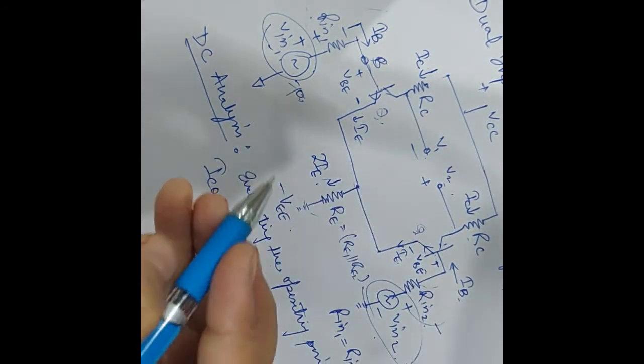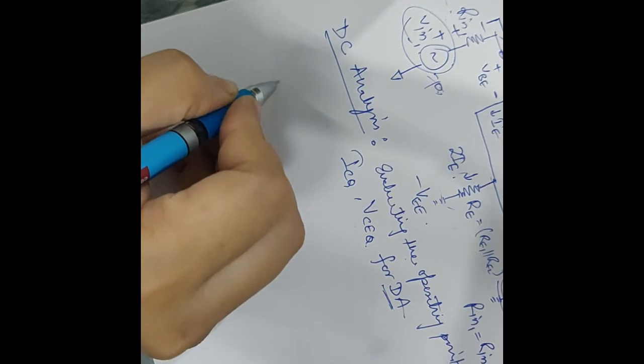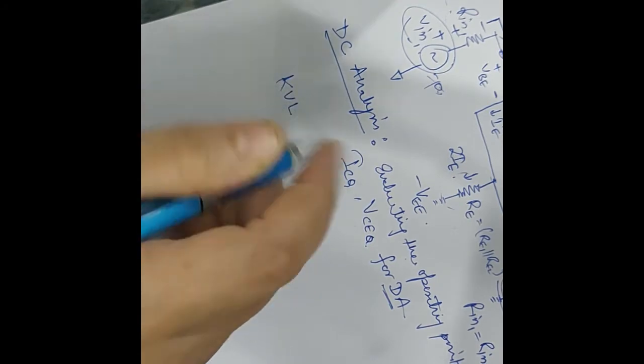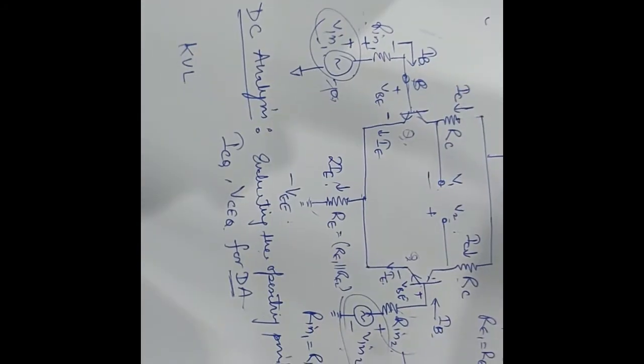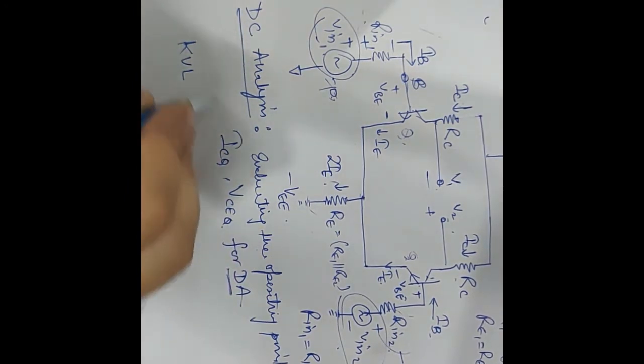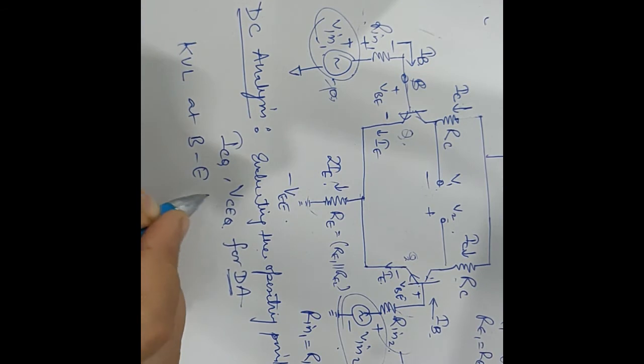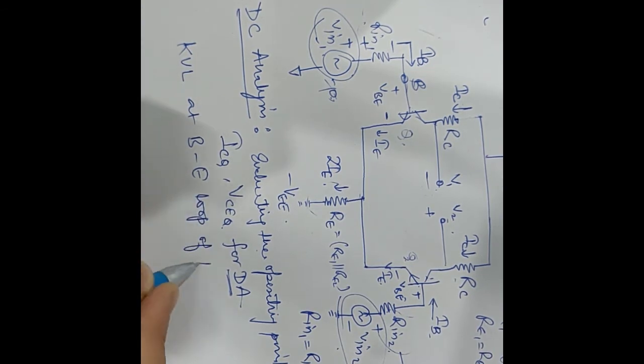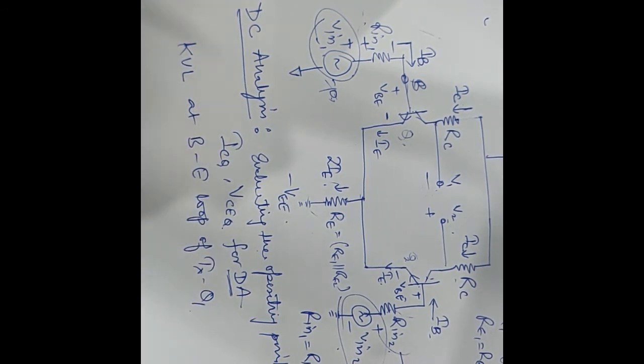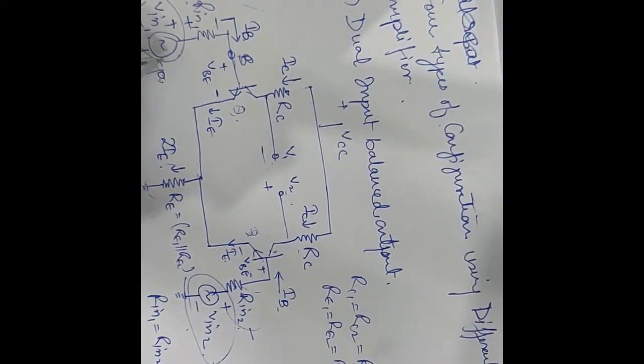So I'll first apply a KVL at the base emitter loop of transistor Q1. Right? I have this transistor, and I'll apply it at the base emitter loop.